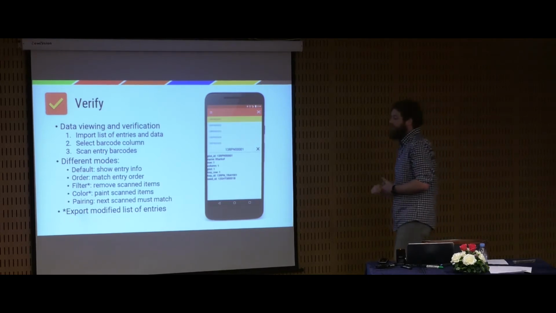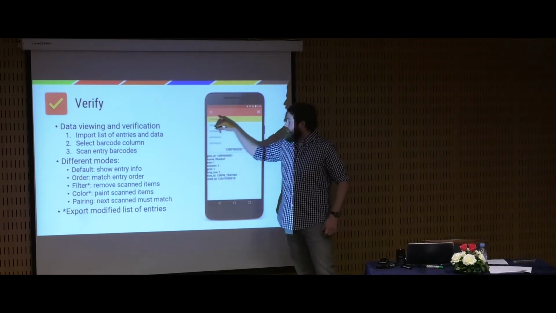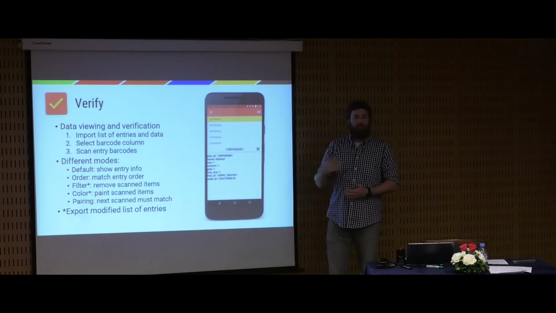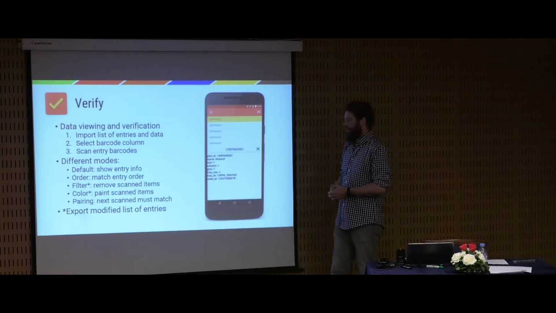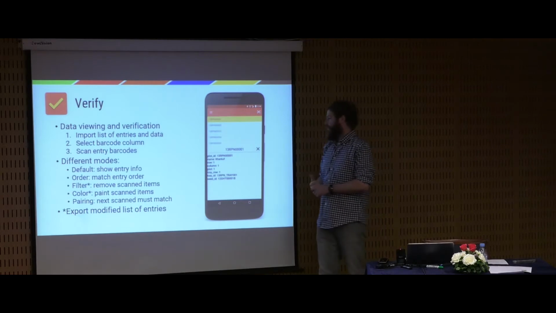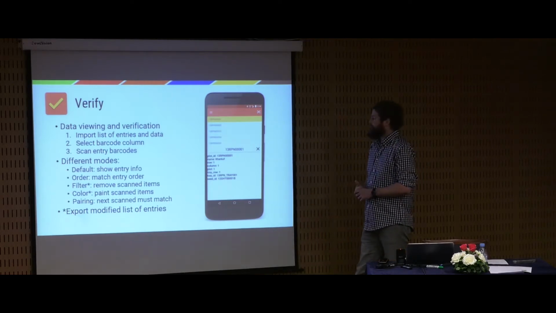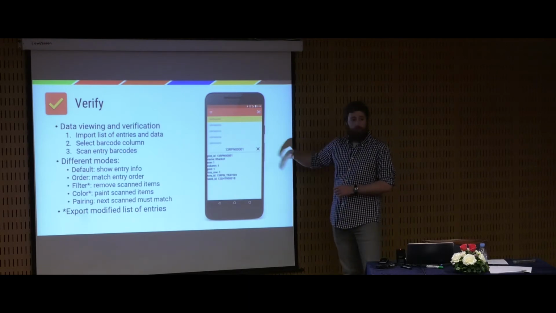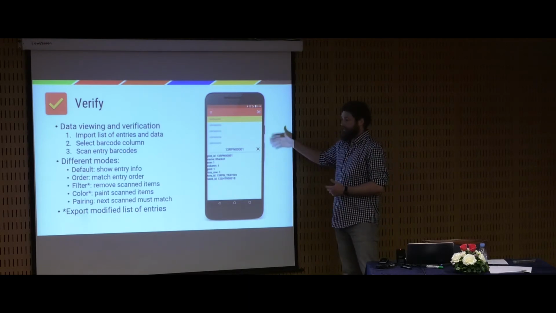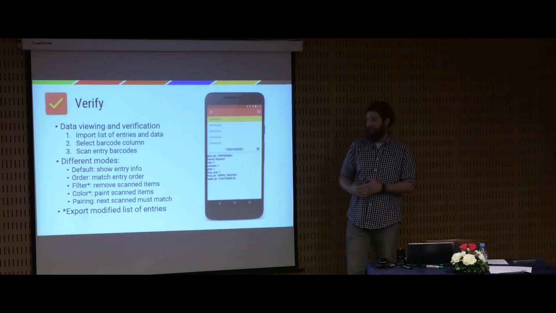So we can match the entry order. So if we scan something out of order, it beeps at us. Really annoying beep. We can filter to remove scanned items. So if we scan something, it's removed from the list. And then we can kind of pare this list down to see what's left over at the very end.